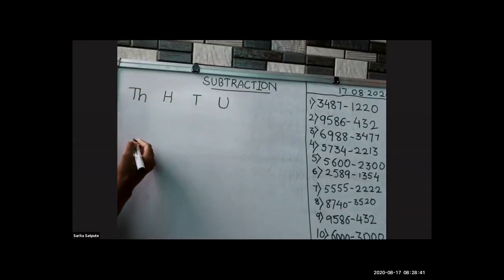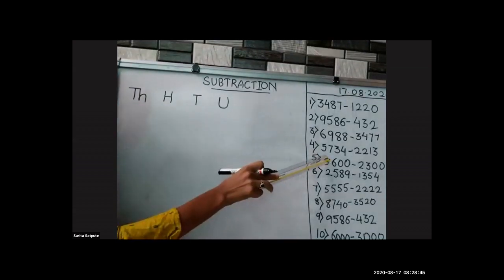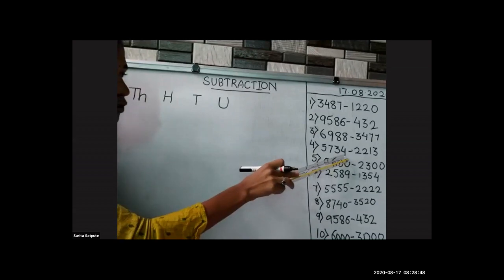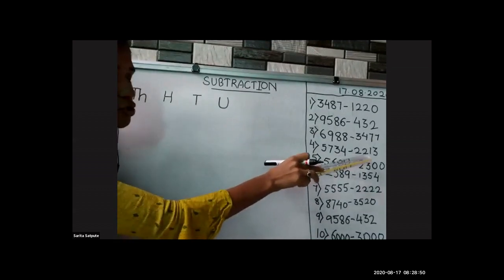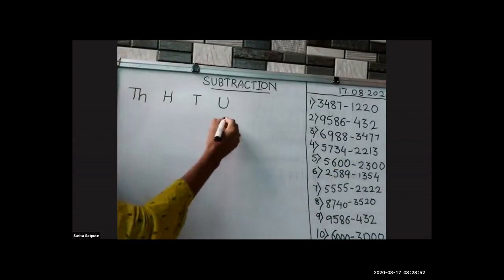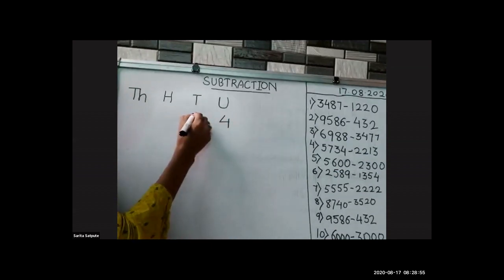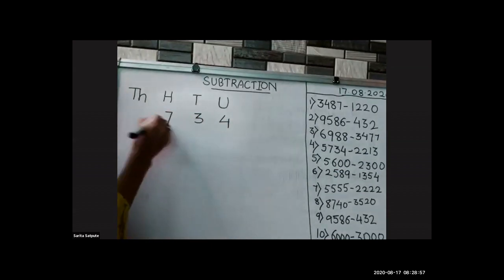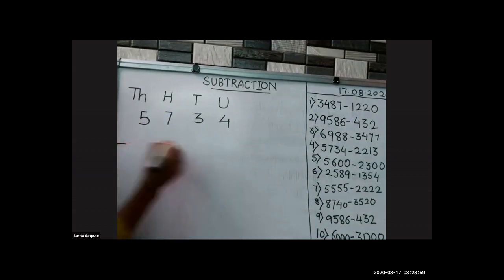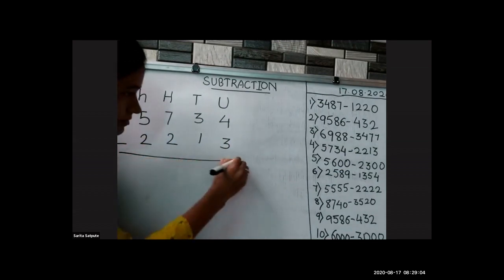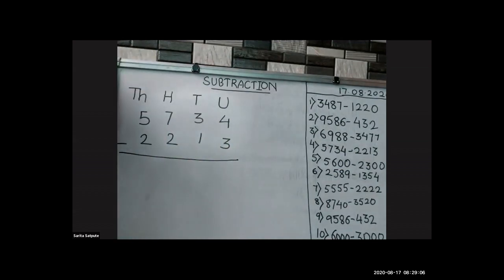Yes, we'll take the next number, that is the fourth question. 5734 minus 2213. Yes, Karthik will tell me, 4 minus 3, 1.